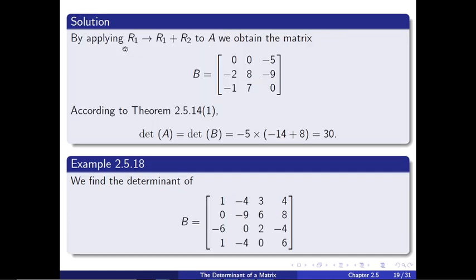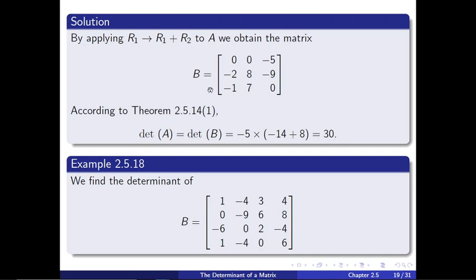So if we apply R1 goes to R1 plus R2, we get this matrix, and then we can expand using the first row. So we get 0, 0, and then we find minus 5 times the determinant of the remaining 2 by 2 matrix, and then we find that the determinant is equal to 30, right?